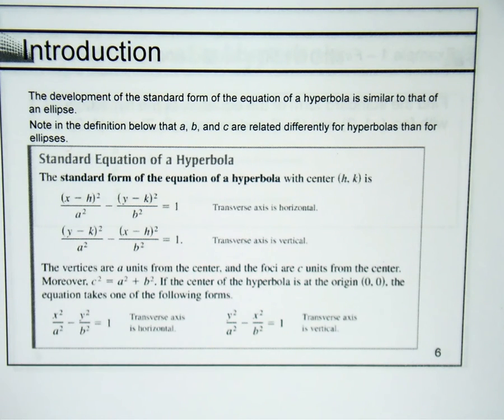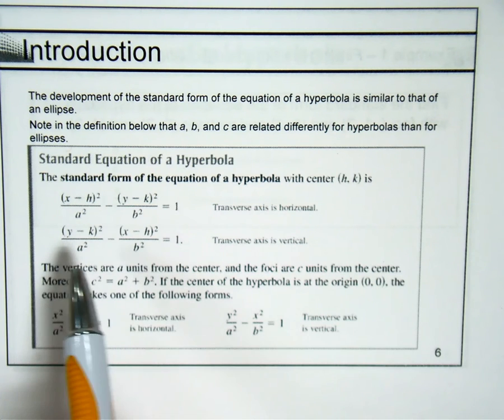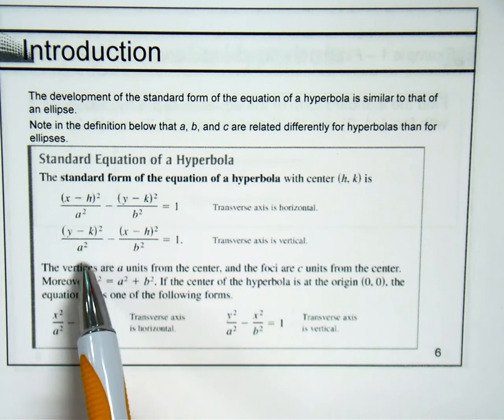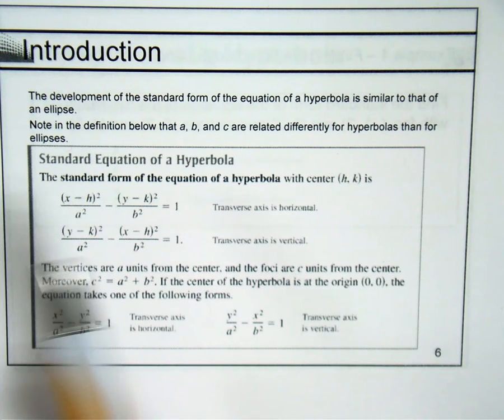We have (x minus h) squared over a squared minus (y minus k) squared over b squared equals 1. You'll notice that one difference here is that the a is always with the positive one. They changed that around. That might be different from how you learned it in Algebra 2. The a is always with the positive one in this case.